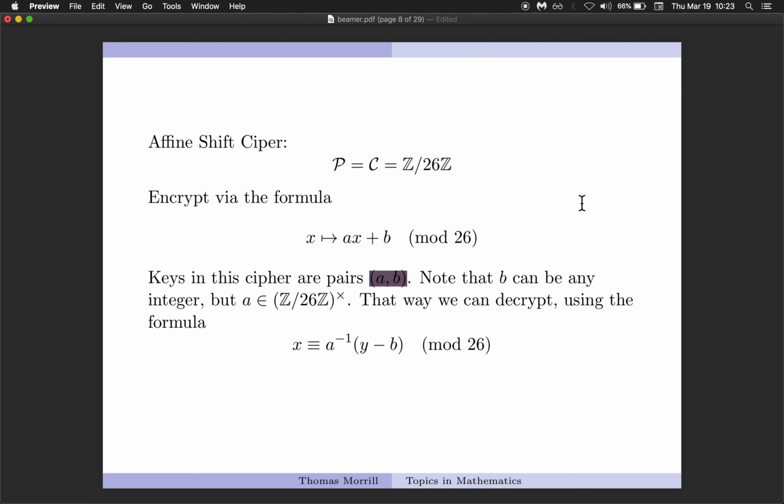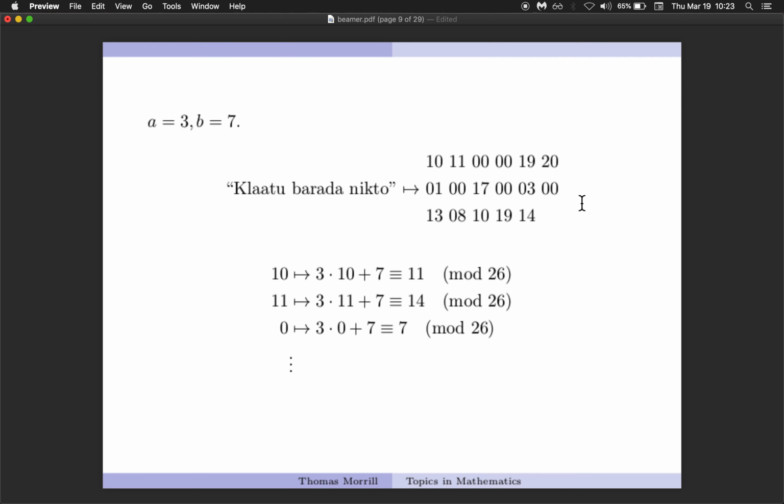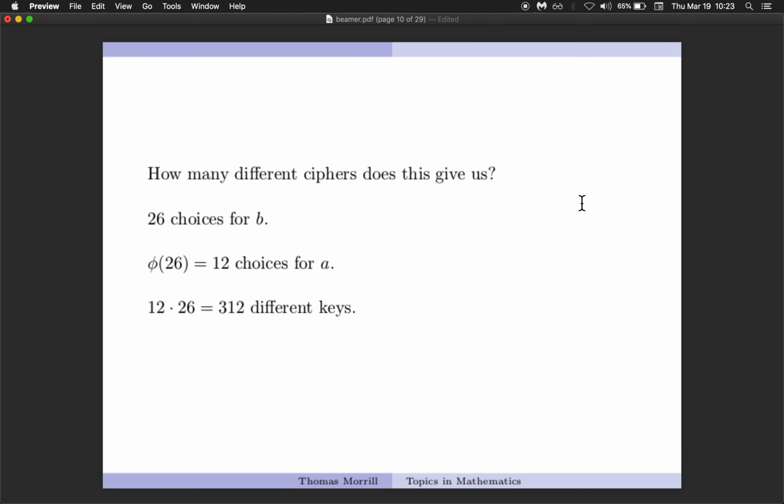So before, for the Caesar cipher, I had 26 different keys, which is not really a whole lot of keys. For this kind of cipher, how many keys do I get? I said already that B can be any of the residues mod 26.